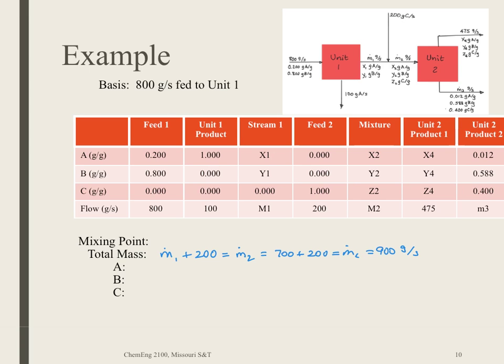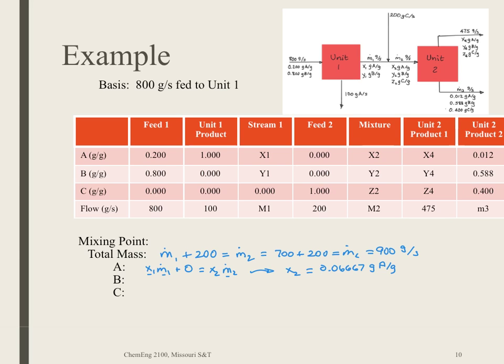Okay, what about an A balance? Well, I have x1 M dot 1 plus nothing that came in with feed 2 is going to be x2 M dot 2. I know x1, I know M dot 1, I know M dot 2, so therefore I can solve for x2, and x2 is equal to 0.06667 grams of A per gram.